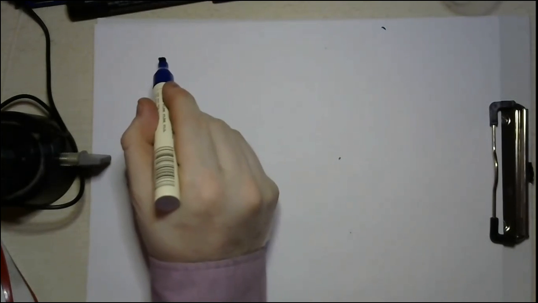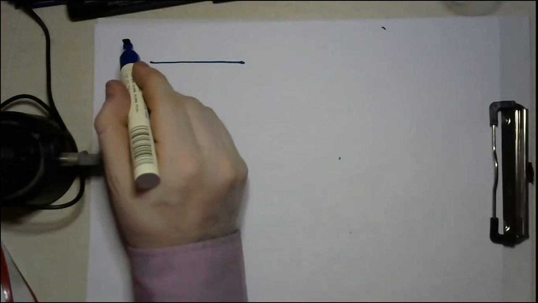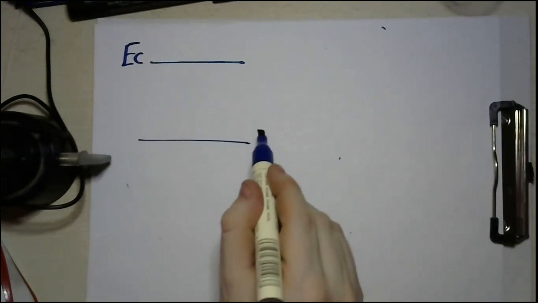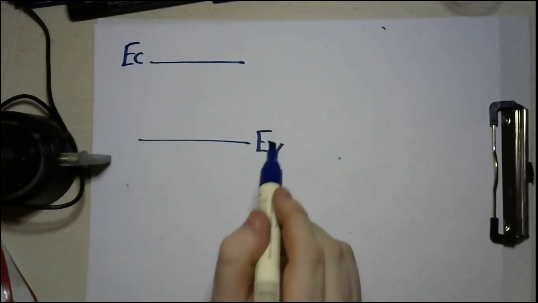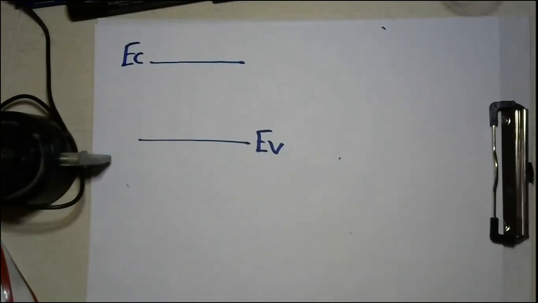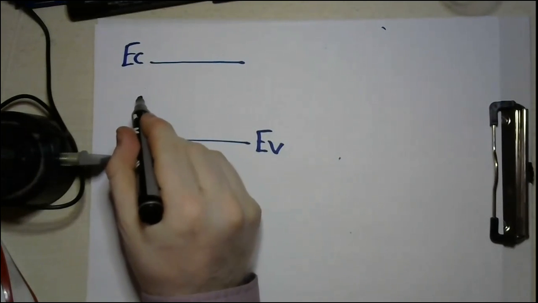So I have a conduction level, a valence level. We have in the middle what's called the intrinsic Fermi level.